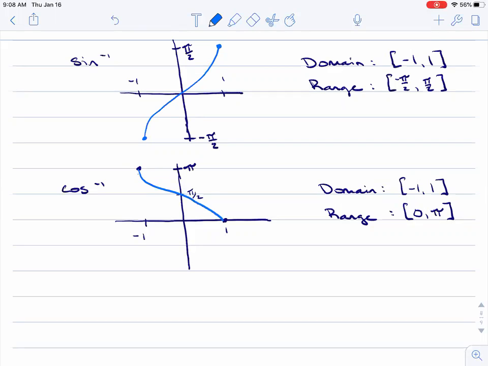It's going to have the same shape, but I didn't draw it very well. Right. But it's going to pass through pi over 2 on the y-axis, and it's going to end at 1, or x equals 1. And it has these closed dots there.